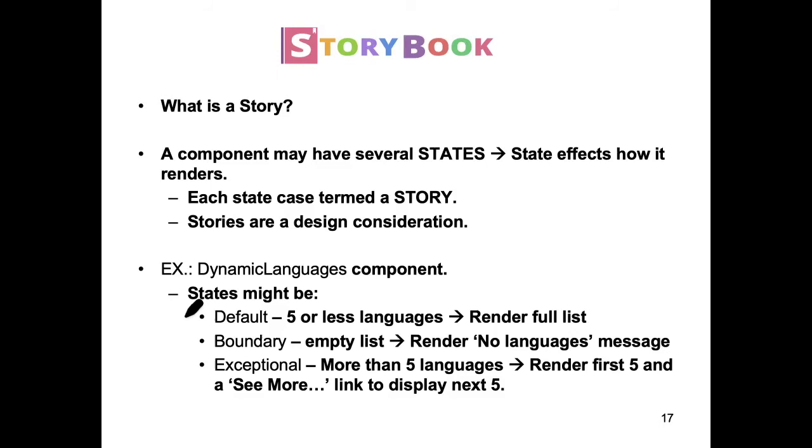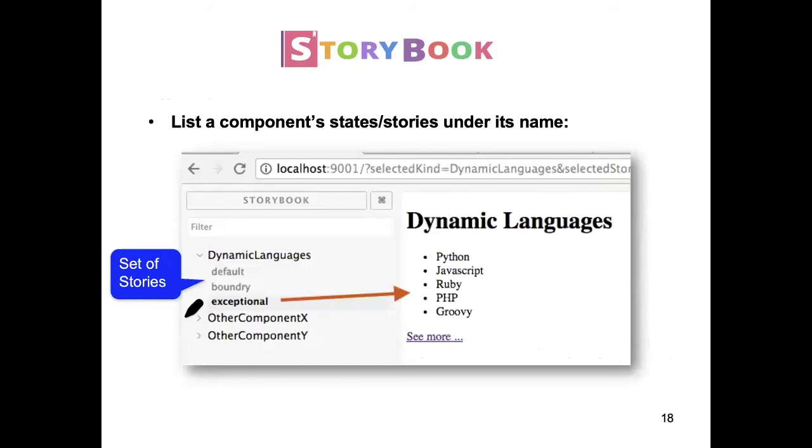So a component has this notion of states or stories. And what happens in your Storybook user interface is that you see your components on the left, but embedded within each component will be the different stories associated with that component.